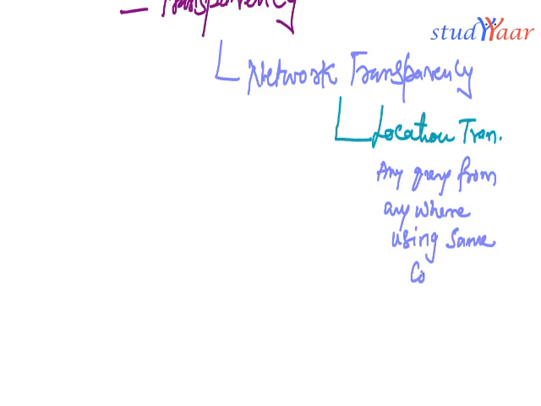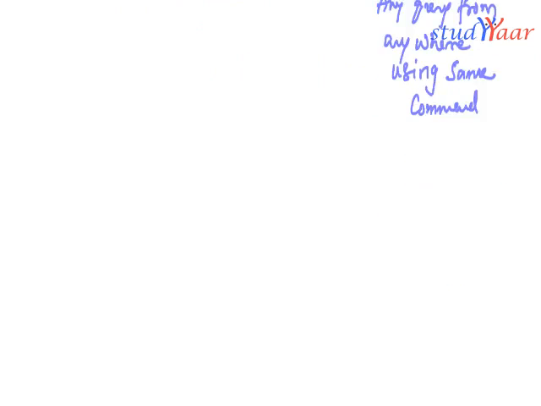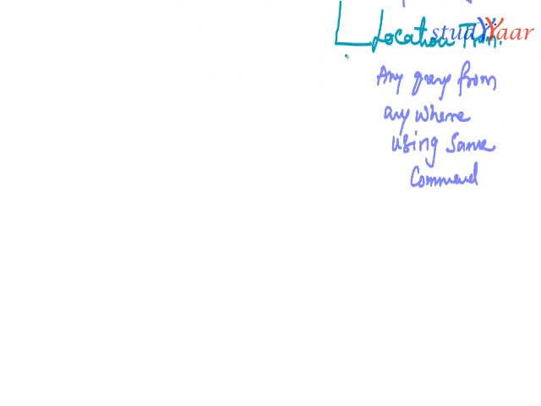That's the concept of location transparency. And the next facet within network transparency is the concept of naming transparency.